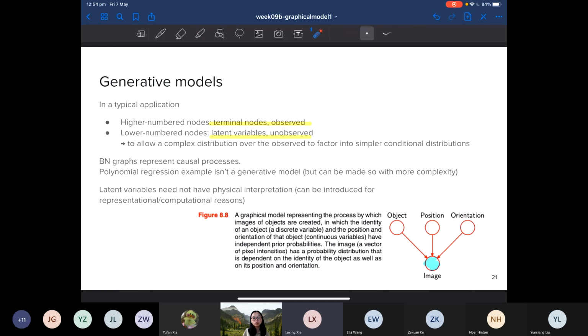So we would say that in general, Bayes nets are generative models, but polynomial regression isn't. You can make it into one, but it involves more nodes and complexity. The latent variables don't necessarily need to have a physical interpretation. They can be introduced just for representational convenience, and computation, in order to make the computation tractable.